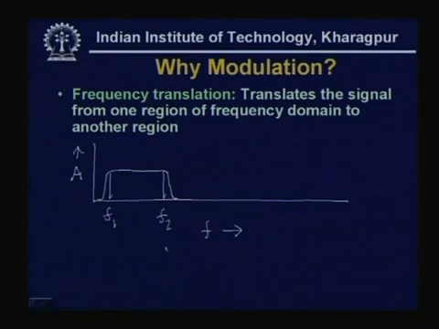Now, by modulation, this signal can be translated to another frequency range, say f1 dash to f2 dash, and usually this frequency range f1 dash to f2 dash is much higher than f1 and f2. So, this is how it can be translated. However, the information content of the translated signal is such that the original signal can be recovered from it.